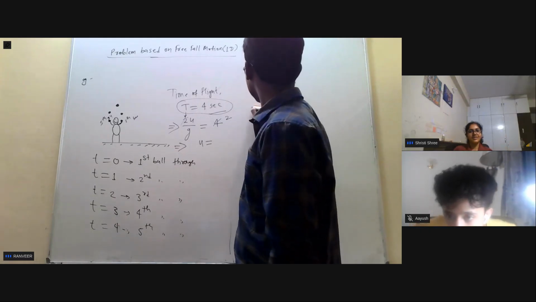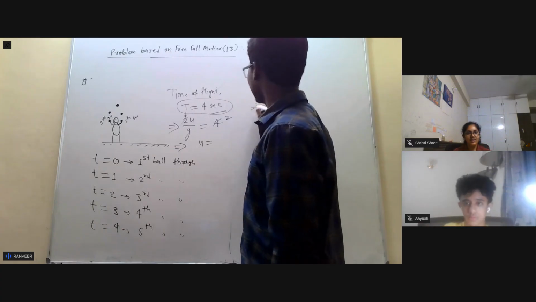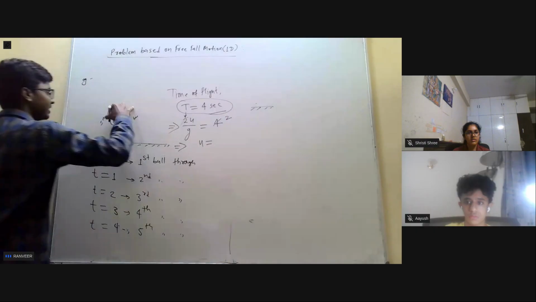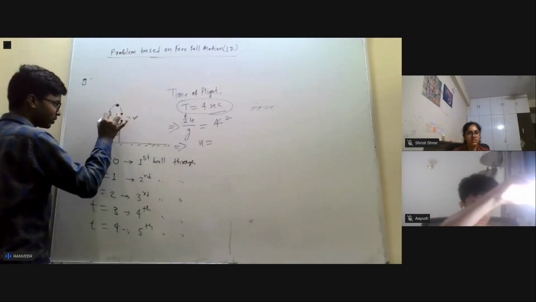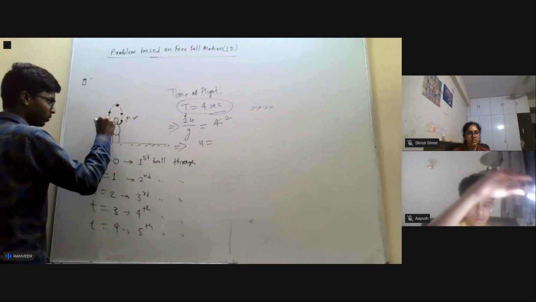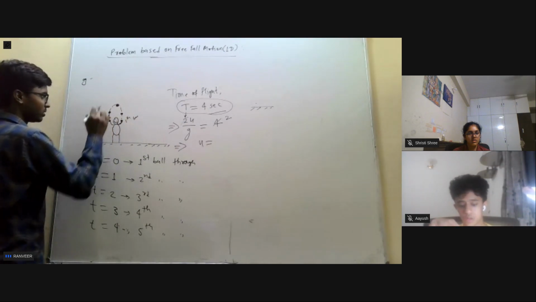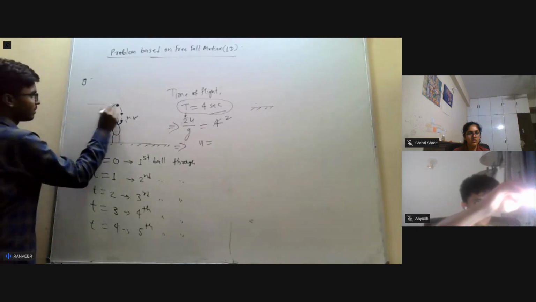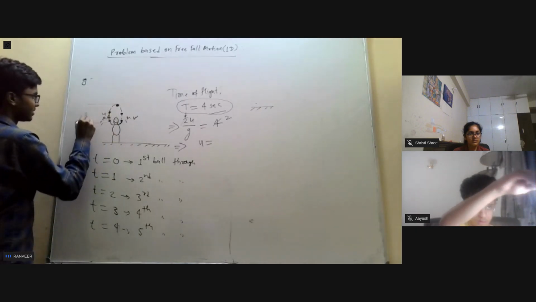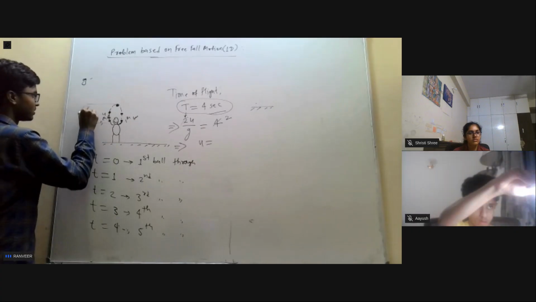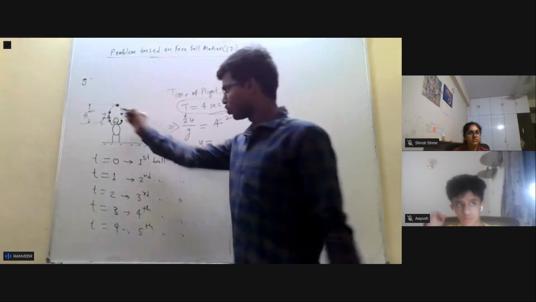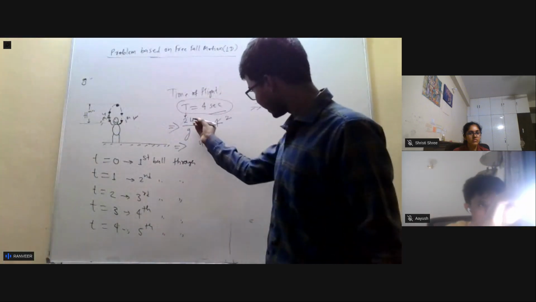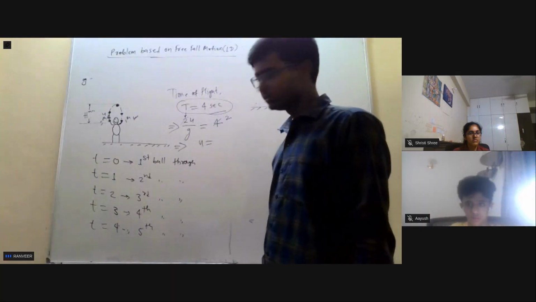Oh, okay. He throws a ball, it travels a particular height, then again comes to the hand. So at what speed is it thrown? This is the speed u. Then what is the maximum height it attains? To calculate the maximum height, that's why we're calculating u.